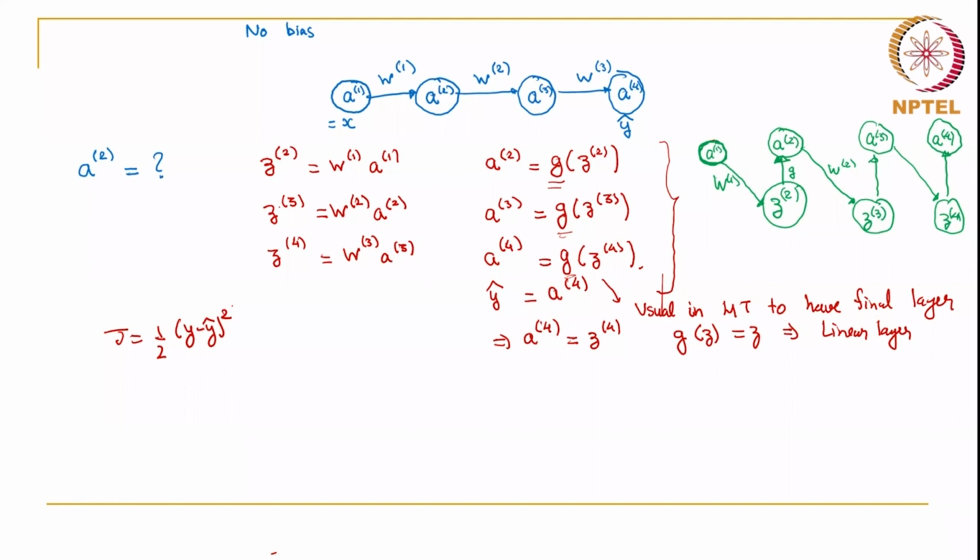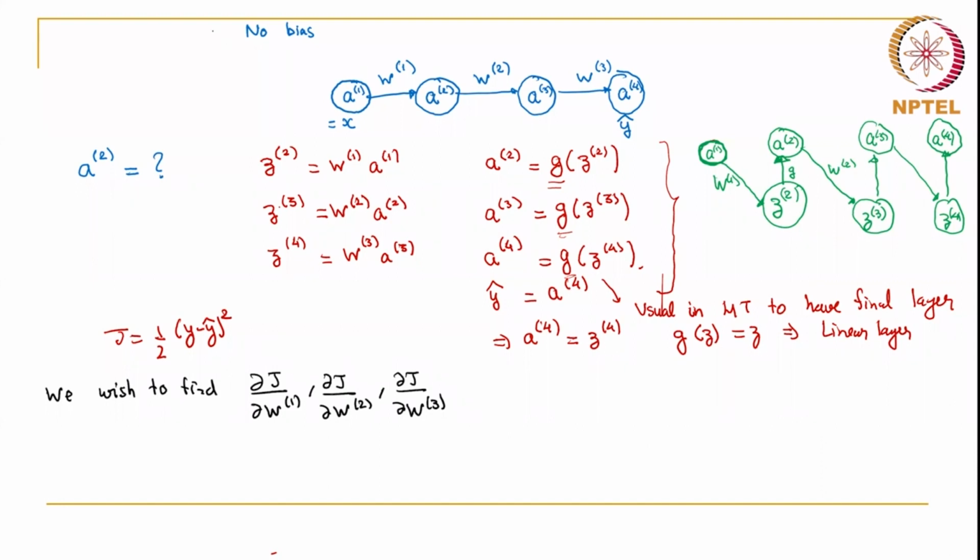What we wish to find is del J del W1, del J del W2, and del J del W3. Now, which of these is the easiest to find? Answers.